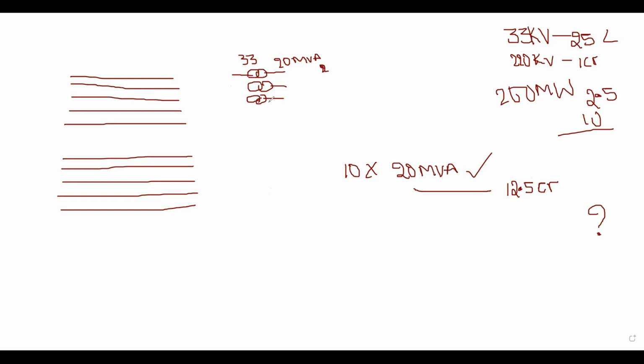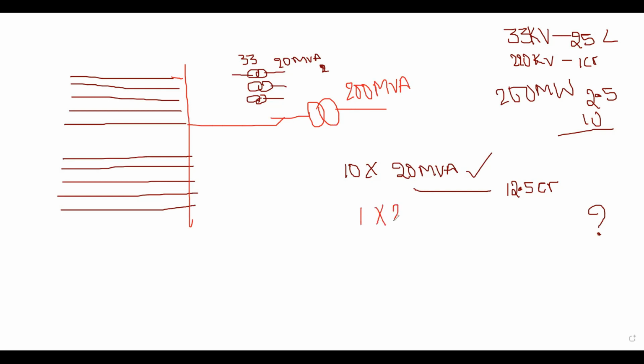Next a person came and said, I will place only one transformer. I will connect all these feeders and take only one, a 200 MVA transformer. He is also right.